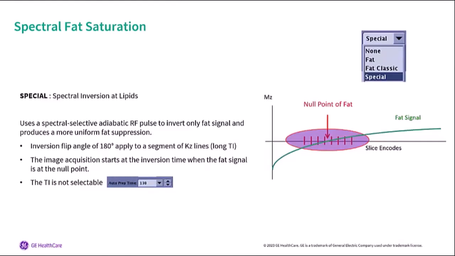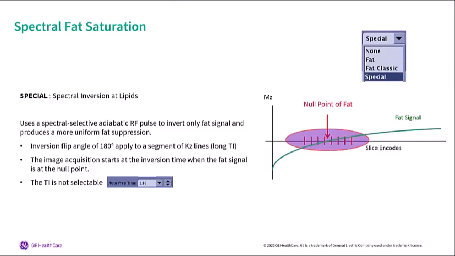The image acquisition starts at the inversion time when the fat signal is at the null point. In this case, the TI is not selectable as it is automatically calculated for us. Once again, unlike what's going to happen with STIR, and we're going to see that further ahead.